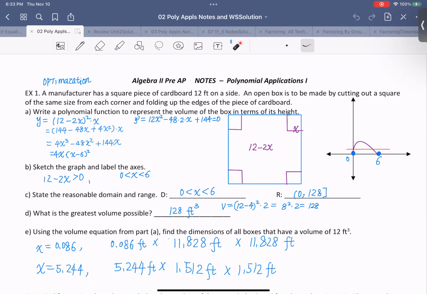And you fold this up, and you fold this side. Okay, so this becomes a box. If you cut all four corners, it's going to be an open box with one side open.